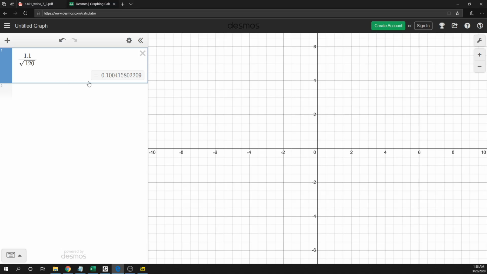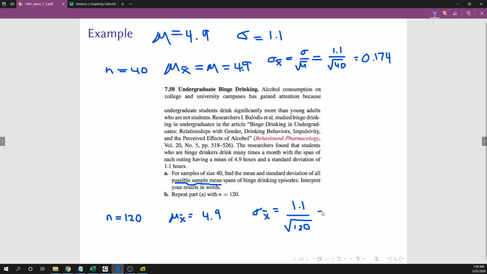So I get 0.1004. All right, and that is it for section 7.2.